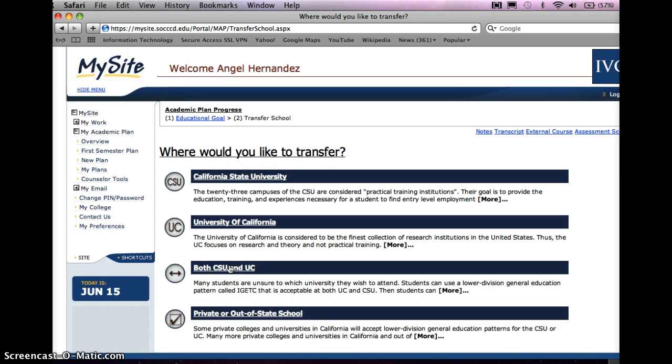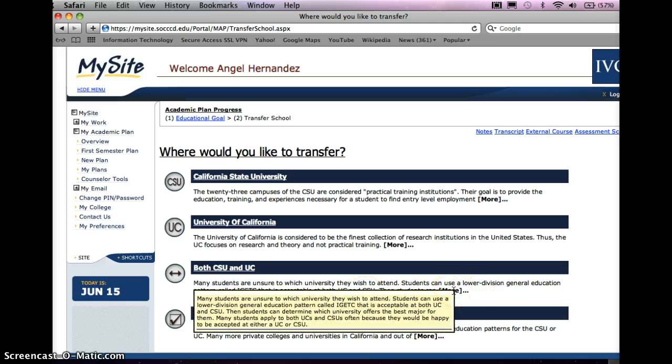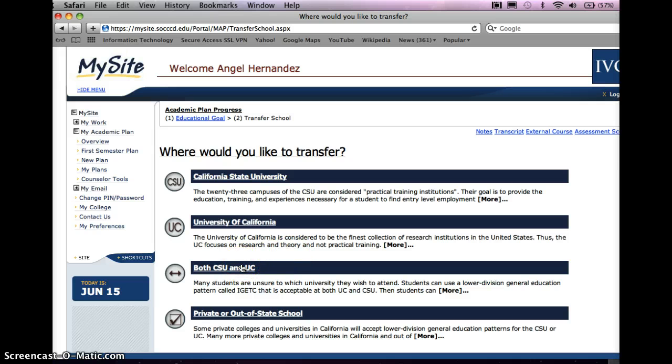From what we've been discussing, as the description provides here, we know that the general ed pattern for both the Cal States and the UCs is going to be IGETC because it counts for those systems. If we were looking at only University of California, it would also be IGETC.